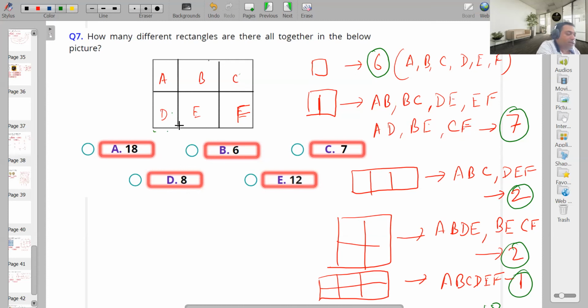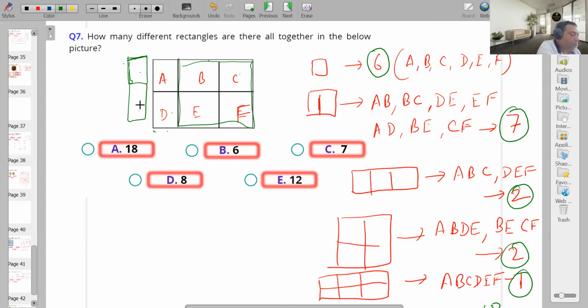Okay, because understand that every rectangle is a combination of a rectangle counted in a horizontal way and a rectangle counted in a vertical way. For example, if we are talking about this rectangle here, when we start from here, we can do 1 and we can do a 2.